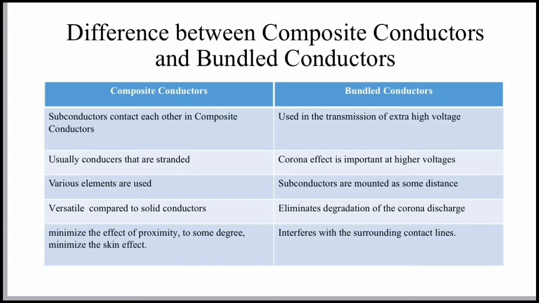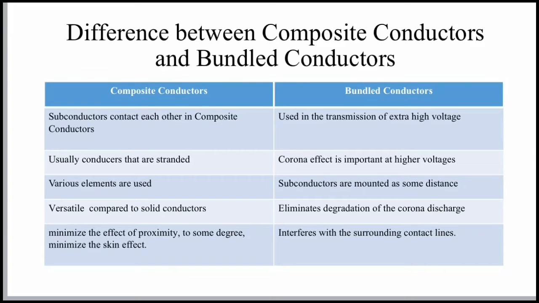Aluminium has the properties of light weight, strong conductivity, and rustlessness, as in ACSR conductor, and steel has the property of high tensile strength. Composite conductors are used because they are versatile compared to solid conductors. Composite conductors minimize the effect of proximity and also to some degree minimize the skin effect.